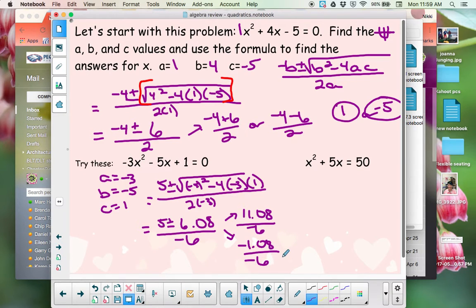So 11.08 divided by -6 is negative, let me try that again. -1.85, and if I do the -1.08 divided by -6, I get 0.18. So those would be the two places then where my parabola would cross the y equals 0 line.